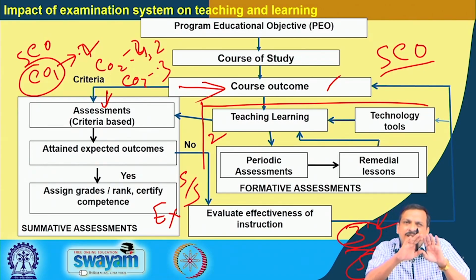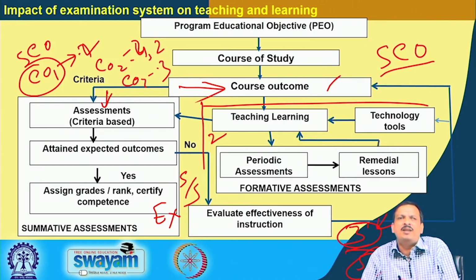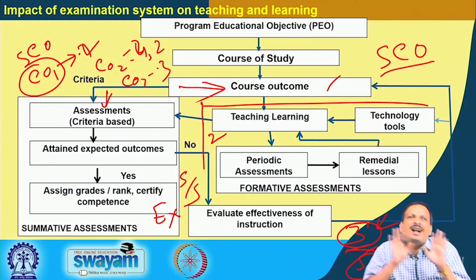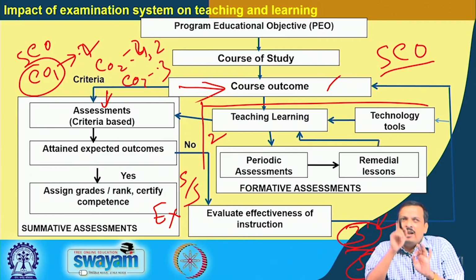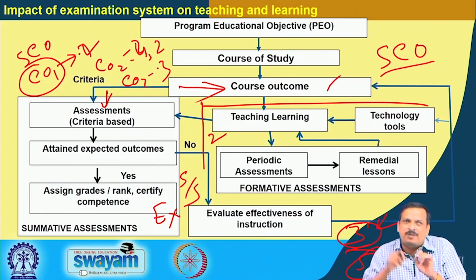After collecting the assessment data and providing the marks, I am analyzing the assessed data. After the examination, I analyze their answer scripts and find 80% of the students are not able to achieve CO number 2.